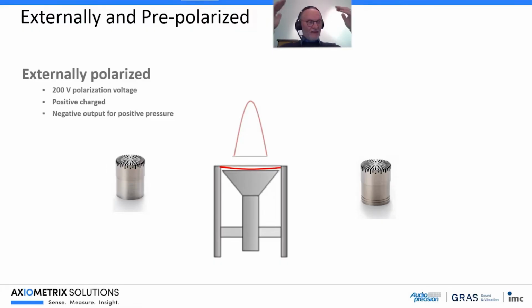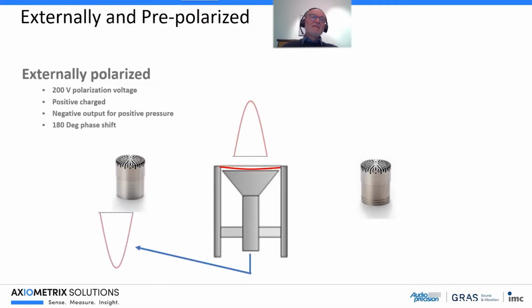If the diaphragm comes closer to the backplate, then the voltage will actually be less, and it means that we will see a 180 degrees phase shift between the input, what we have on the diaphragm, and what we have on the output terminal of the microphone. We can also see it here on this graph.